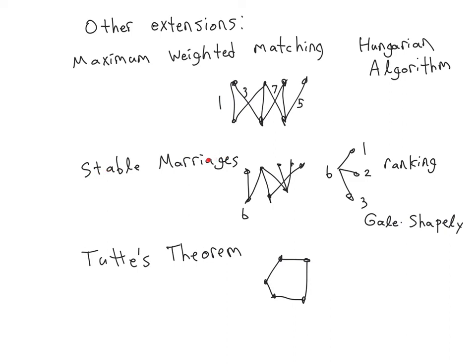Another common one is called the Gale-Shapley algorithm, the stable marriage theorem. So here you have a bipartite graph, and every boy has a ranking of the girls. Every girl has a ranking of the boys. And you want to set it up so that if boy B marries girl G, and boy B' marries girl G', then it shouldn't be the case that G prefers B' and B' prefers G. Because then, of course, that's not a stable marriage, since one of these marriages will break off.